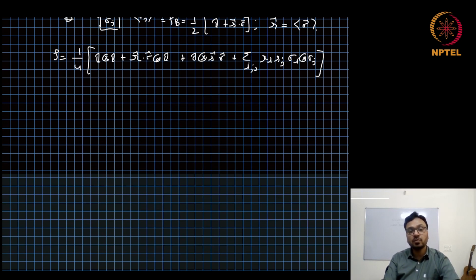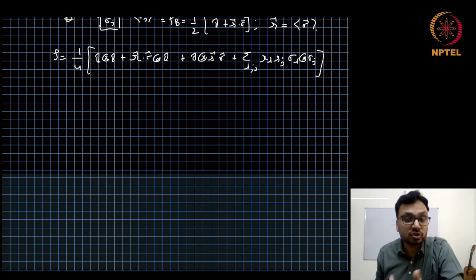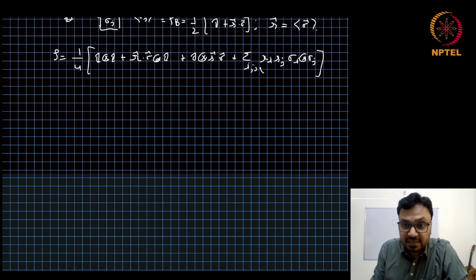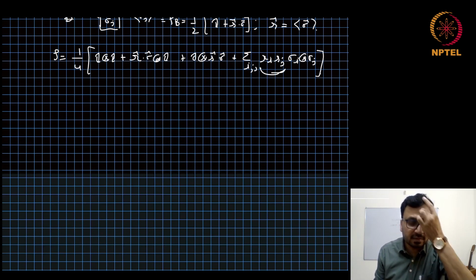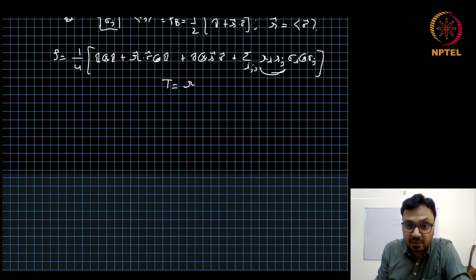So if we perform local measurements on the two qubits and get the density matrices rho A and rho B, then this is the joint combined density matrix of the two qubits. But this need not be the most general density matrix, because T_ij need not be of this form. T_ij can be any arbitrary 3 by 3 matrix, whereas here T is R vector times S vector transpose, which is a rank 1 matrix. This is not the most general.